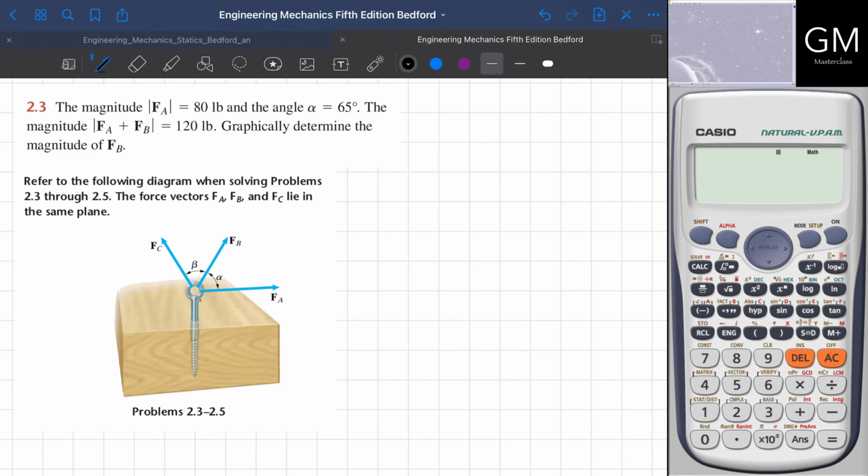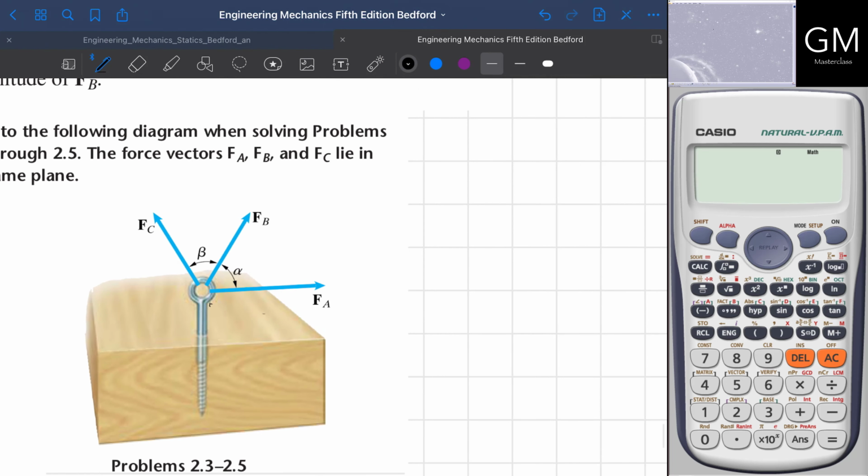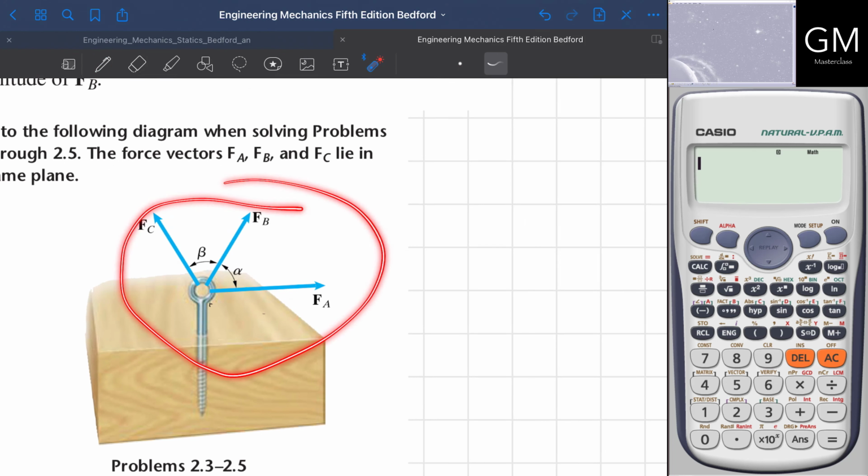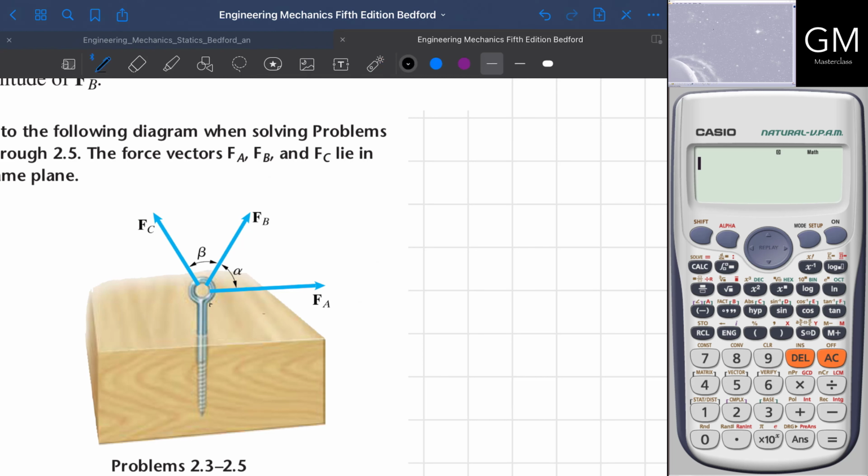There is something I should recommend here, and that is to use the diagrams that the problem is giving us, because I've made the mistake of redoing the sketches, and that takes a lot of time.